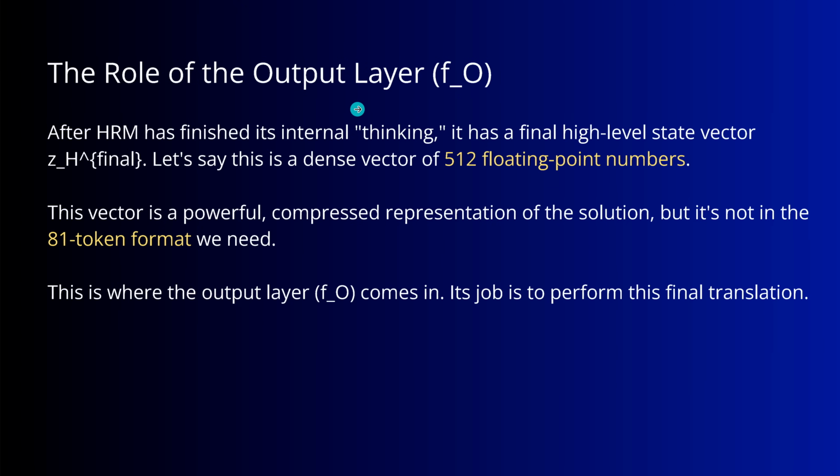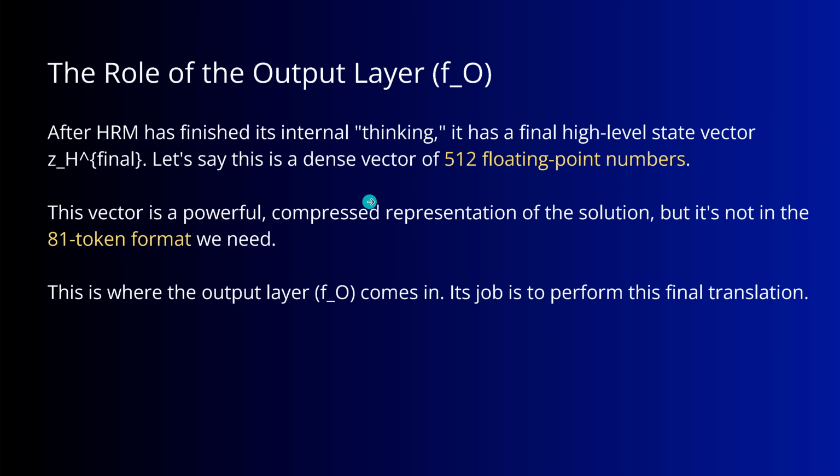Now this output layer is something really nice. I've given you already an example, but let's have another look. After HRM has finished its internal thinking process, it has now a final high-level state vector, let's say 1028-dimensional, or 512 floating point numbers in this vector. Now this is a compressed representation of the solution of a puzzle, of Sudoku, of whatever.